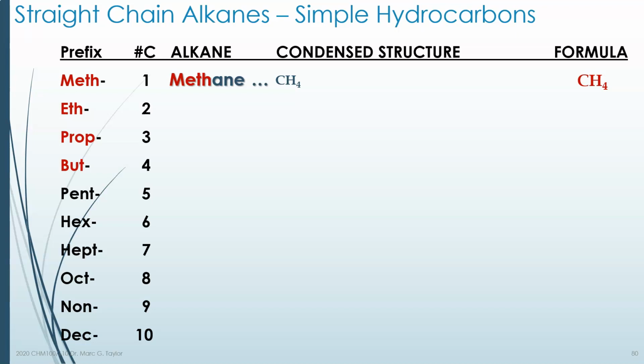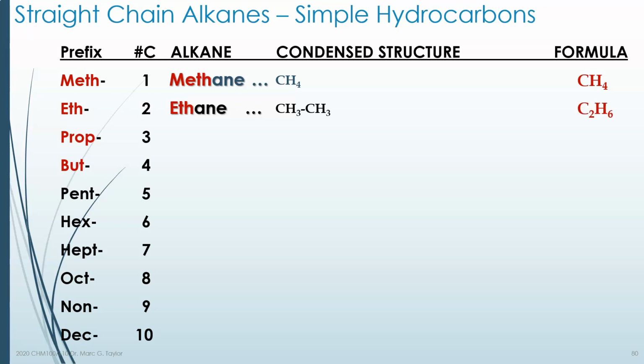So since we're talking about straight chain alkanes, all the bonds are single bonds, and the carbons are linked together in long chains. Well, methane only has 1 carbon, and this is the predominant component of natural gas. If you have a gas stove, this is what you're burning. If you're in the laboratory and you're using the burner, this is the gas that you're burning on the burner. CH4, methane.